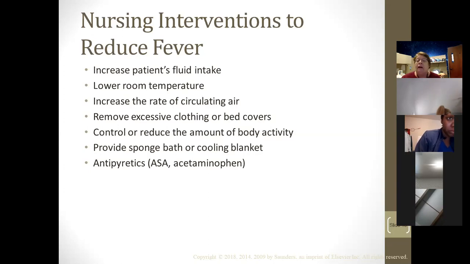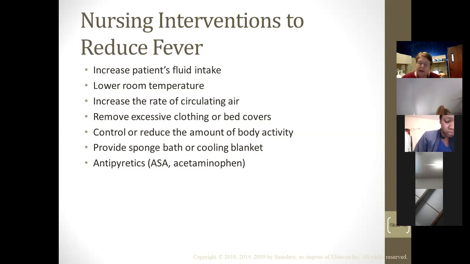Okay. Control the amount of body activity. So if you have somebody who already has a fever, we don't want them up wandering around and using those muscles to get hotter. Sponge bath or a cooling blanket or something you can do without a doctor's order. All right.